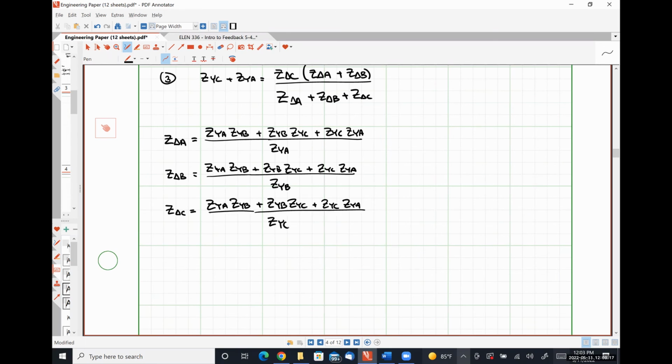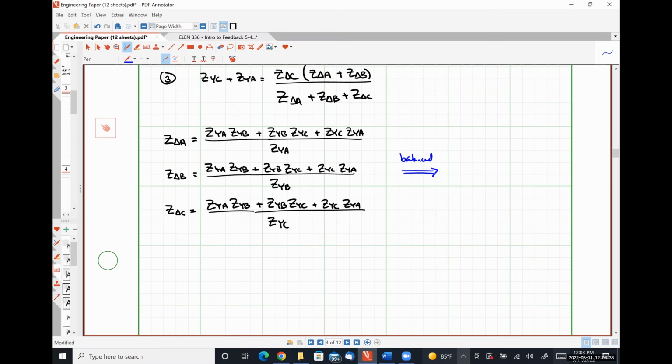All right. So this is what our unbalanced representation looks like. Let's talk about what happens when things are balanced.